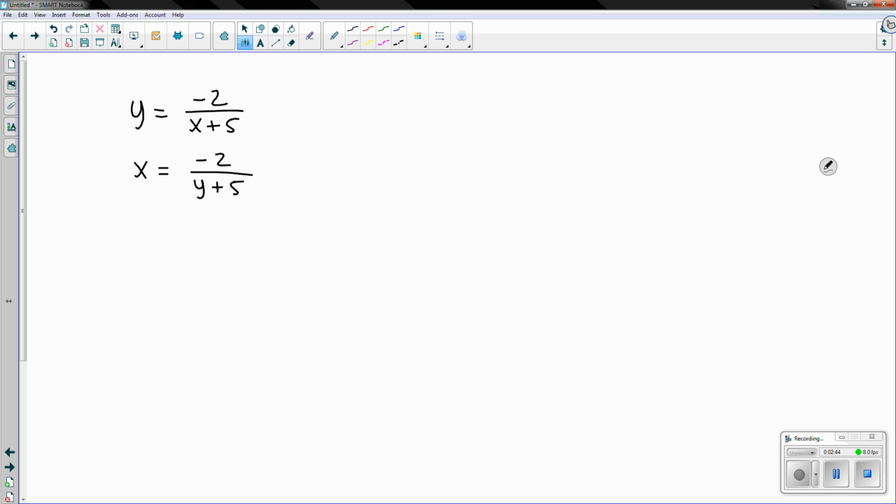So we're going to multiply both sides by y plus 5. Divide by x. And then subtract 5. And there's our inverse.